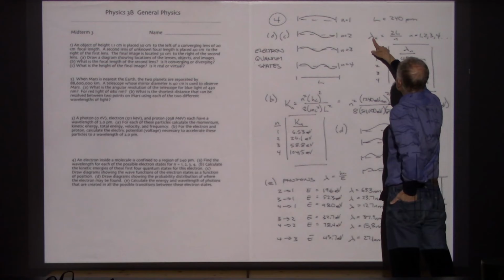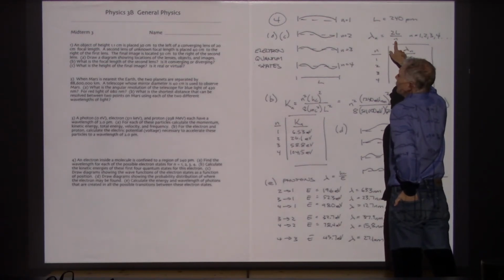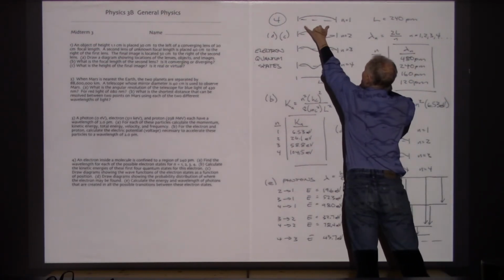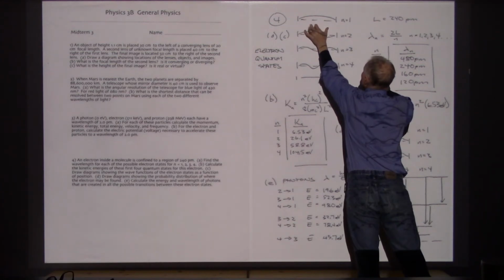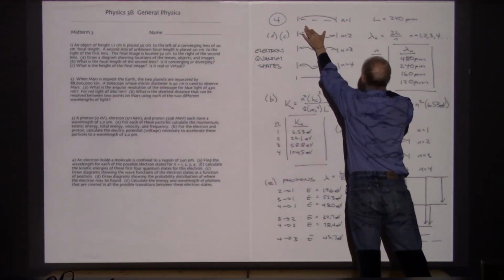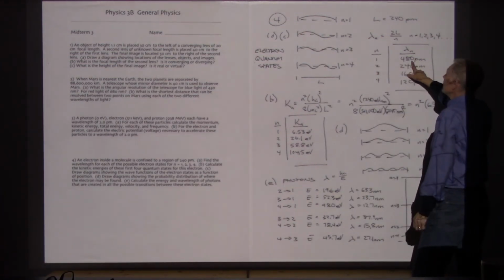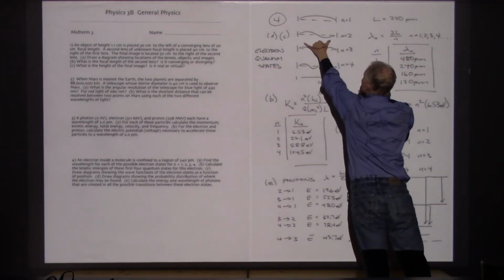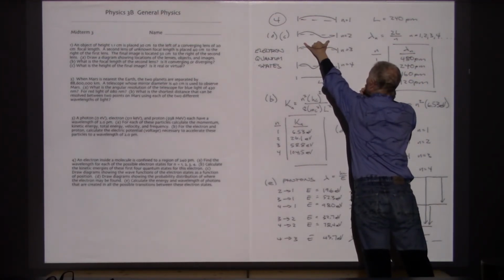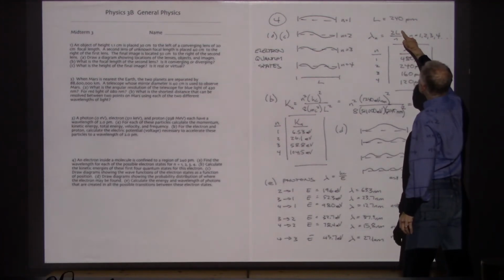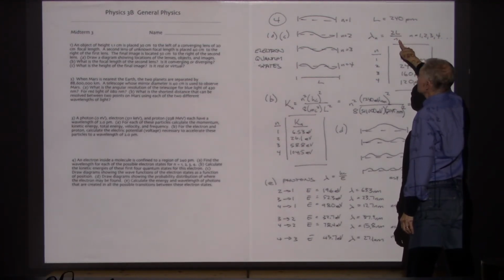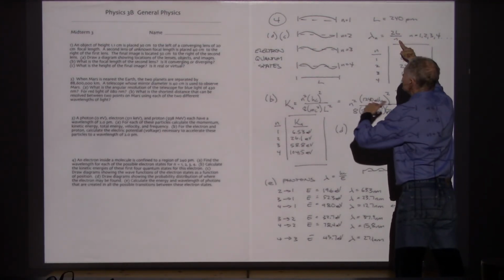The wavelengths for these are going to be given by 2L over n. You can go back and check. That's only half of a wave. The full wavelength would be twice as much, so that would be 480 picometers. Now in state number 2, that is a full wavelength. So if I think of that as 2L, it needs to get divided by n. And then the pattern continues.